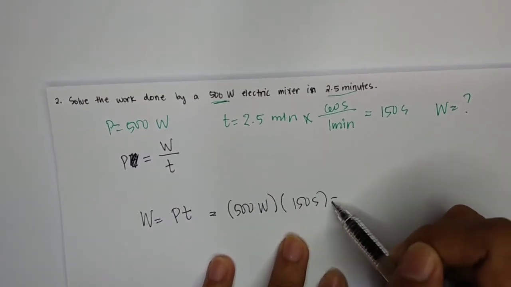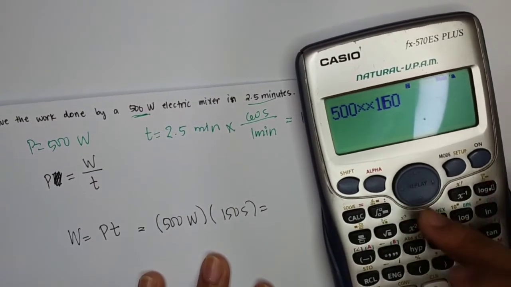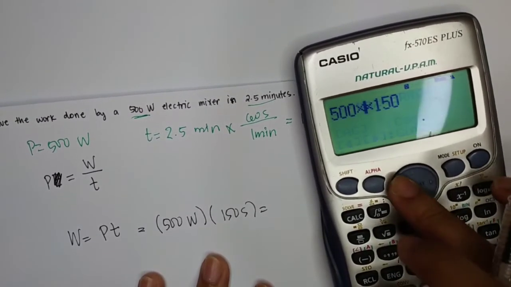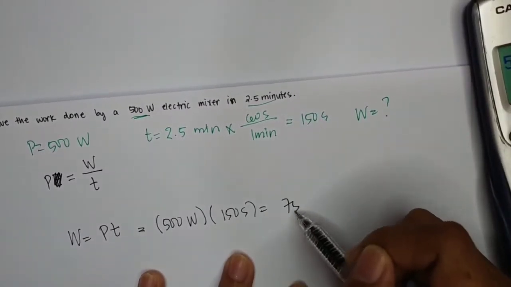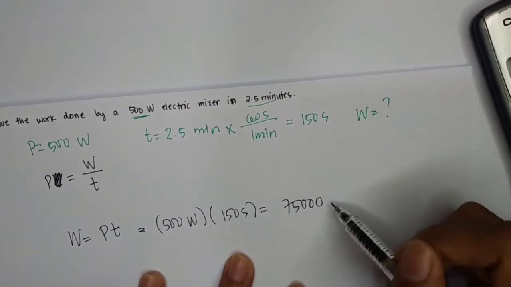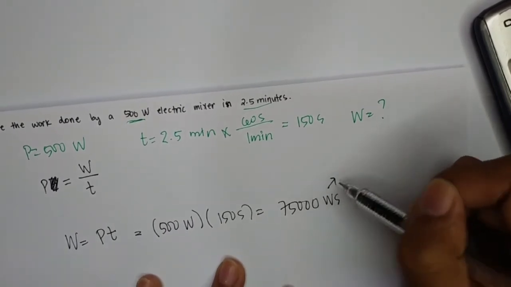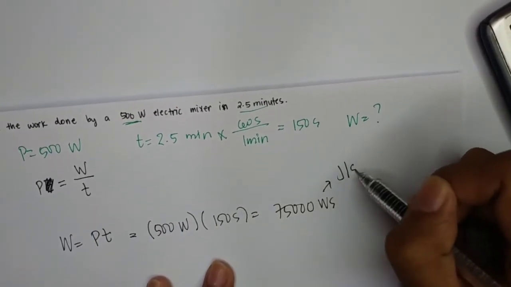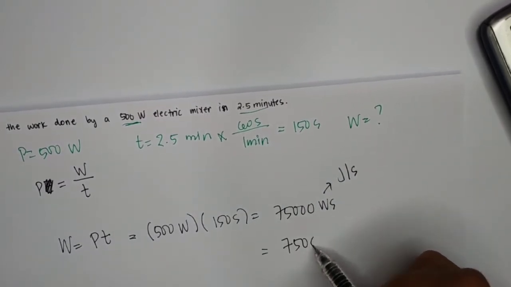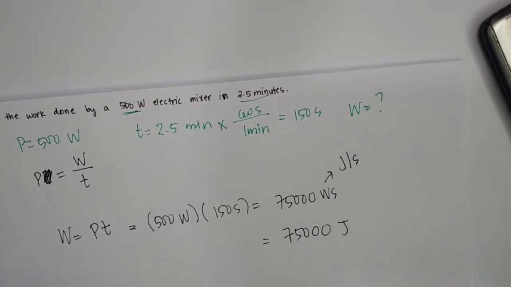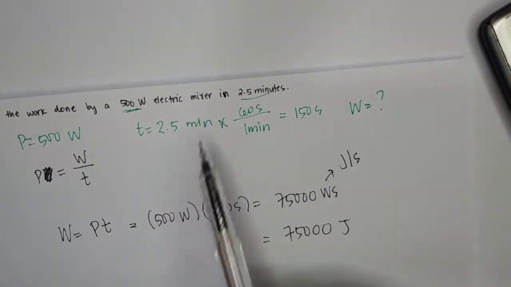So 500 times 150 is 75,000 watt-seconds. Since a watt is joules per second, the seconds cancel out, so we are left with 75,000 joules. That is the work needed by the electric mixer.